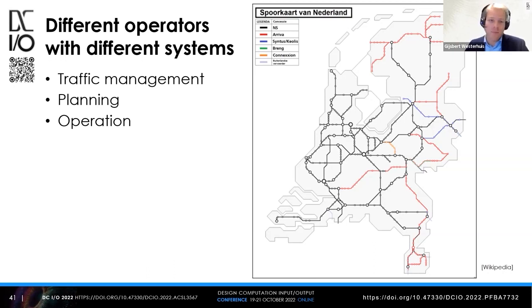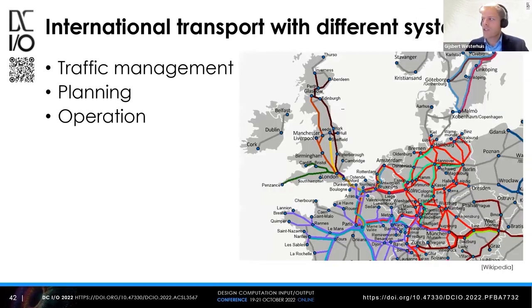And then planning systems are all over the place, because the international systems each have their own infrastructure, their own signaling systems, their own catenary systems, and especially their own traffic management, planning and operational systems. Each with their own language.